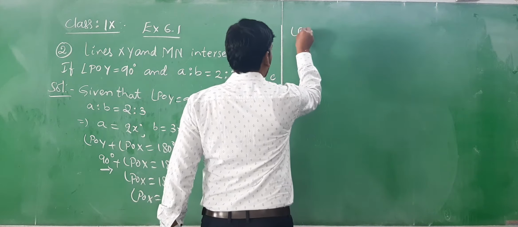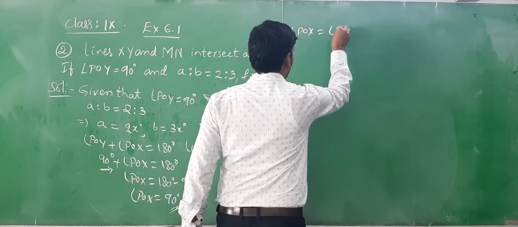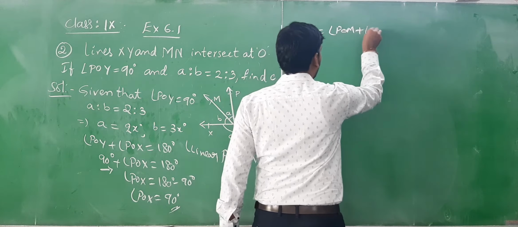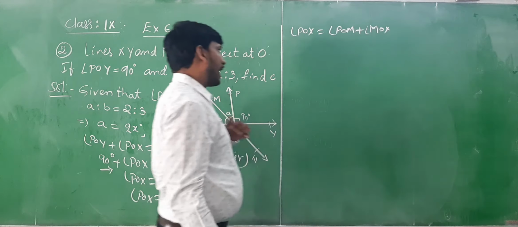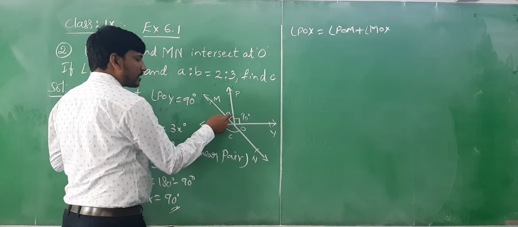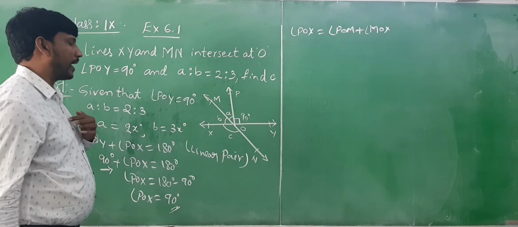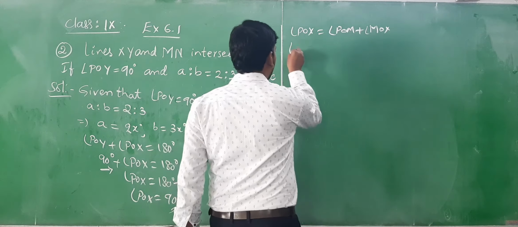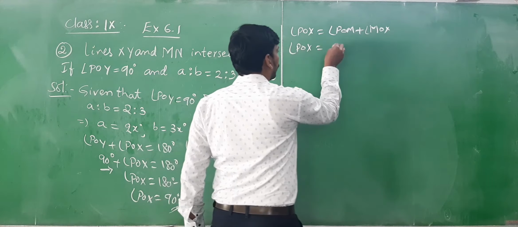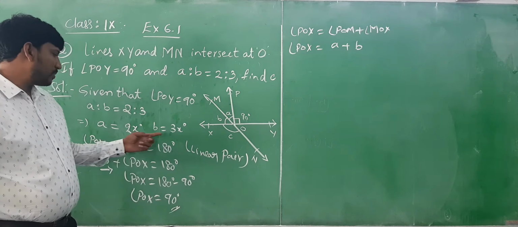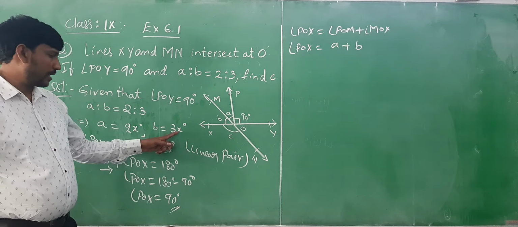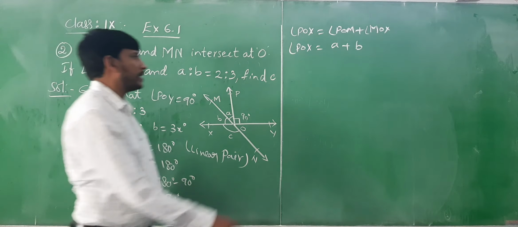So here angle POX is equal to angle POM plus angle MOX. But angle POM they have given as A and MOX is B. So angle POX is equal to A plus B. But we know that A plus B is nothing but 2x plus 3x. Substitute, and POX is 90 degrees.